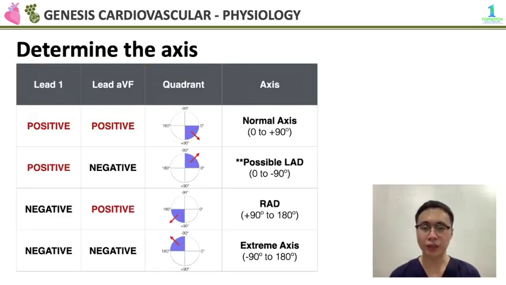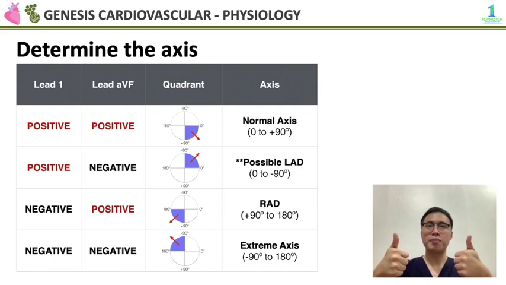So how do we do the shortcut? Ito lang yung pinaka-important na kung makakalimutan nyo man mag-compute, okay lang sa akin. But what I want to impart for this session, yung bawal na bawal makalimutan, is how to determine the axis using the shortcut method. So, lead 1 and AVF ang titignan natin. Okay, tandaan na yun ngayon. We look at lead 1, you look at lead AVF. So, yung thumbs ninyo, ganyanin nyo para maalala nyo.